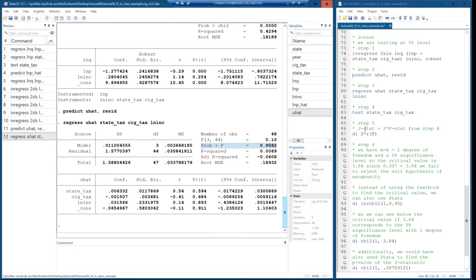And what we do now is run a test on the state tax and the cigarette tax, the two instrumental variables.